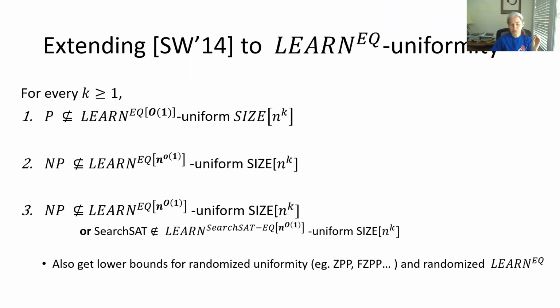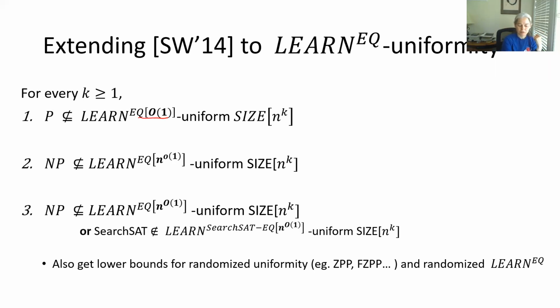So what we did with this notion of uniformity first was to extend Santana-Williams: for every k there is a language which is not in P-uniform size n to the k, to change P-uniform to LEARNEQ-uniform.